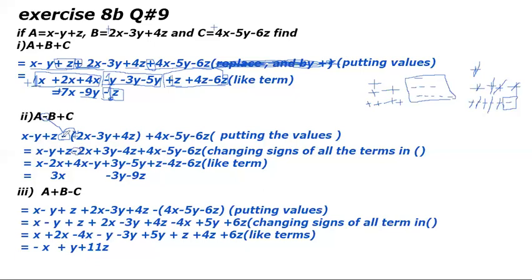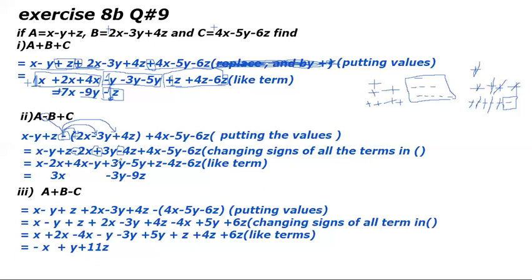Again, this negative sign is being multiplied by this negative sign, negative 3y. Negative multiplied by negative will give us a positive sign, positive 3y. Again, this negative sign will be multiplied by this positive sign. Negative multiplied by positive will give us a negative sign. Okay, that's why we change the sign. Actually, this negative sign is multiplied by all the signs which are present inside the parentheses.